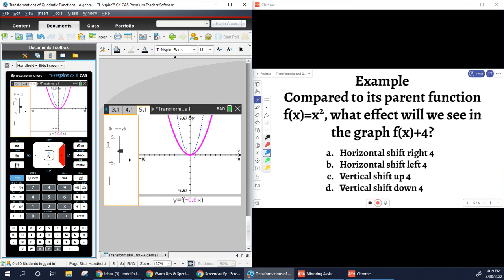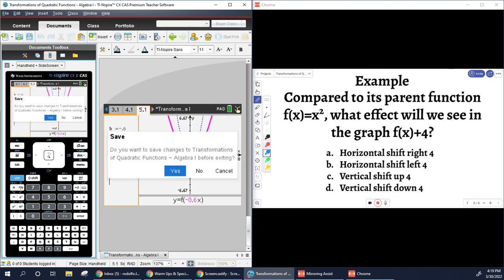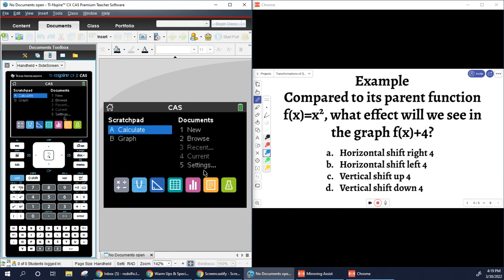Okay, I'm going to create a new tab here. All right, so I'm going to go to the graph.